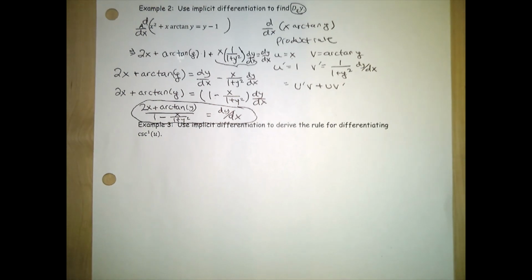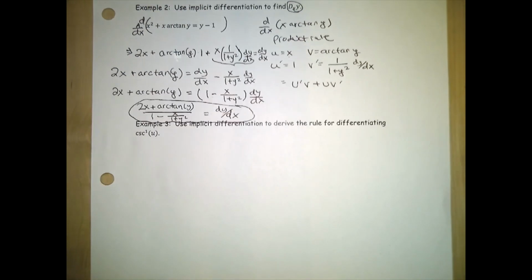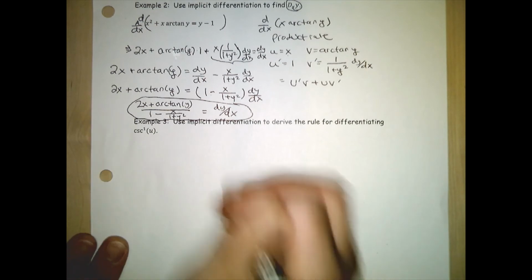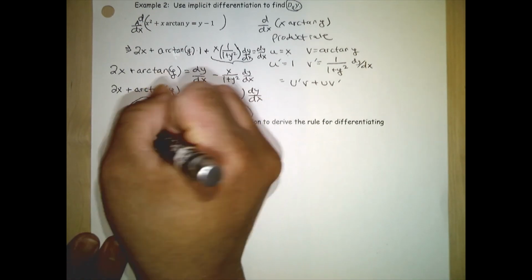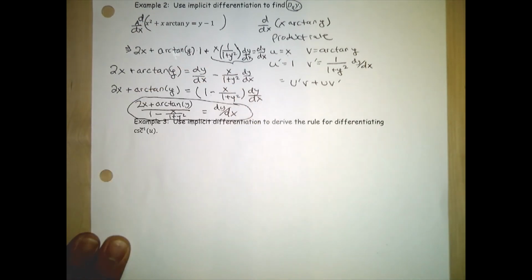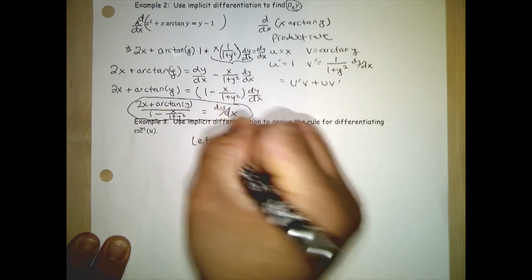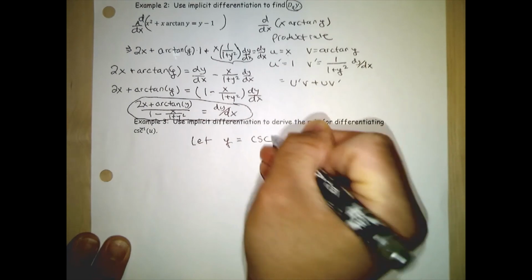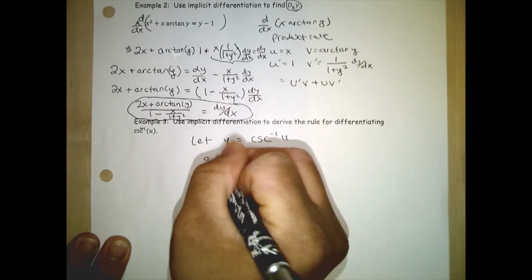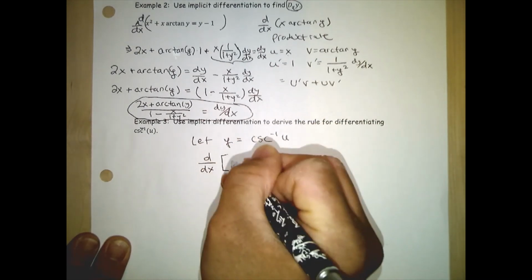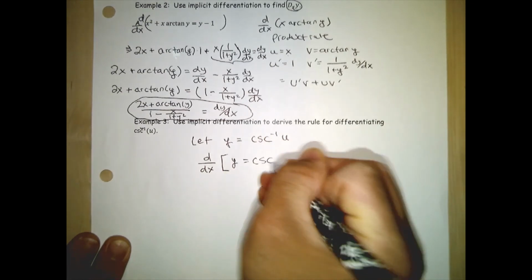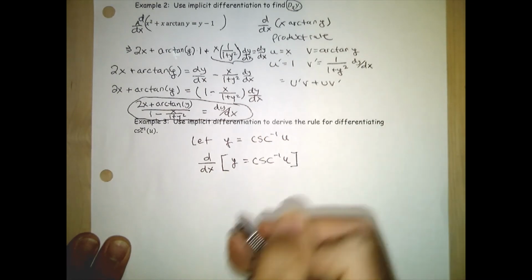Use implicit differentiation to derive the rule for differentiation of this should be cosecant inverse of u. So let's let y be cosecant inverse of u. Then the derivative with respect to x of y equals cosecant inverse of u.